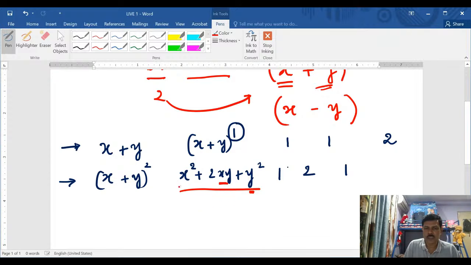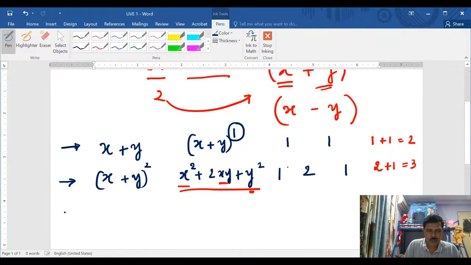So these three are what we have written here. If the exponent is 2, the number of terms is 3. Let me write the first one also in a similar way: here the power is 1, and the number of terms would be 2. Okay, let me go back.